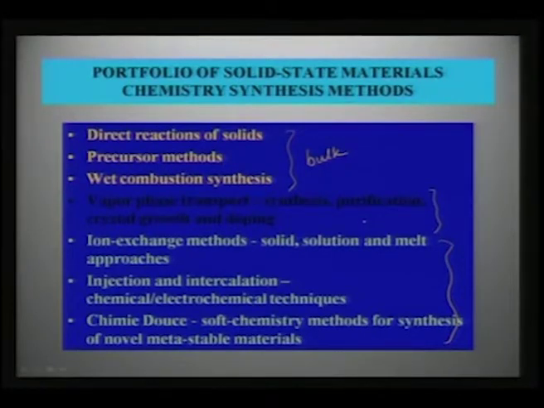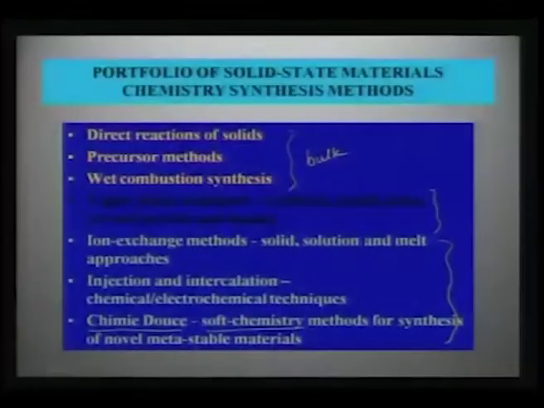Then you stumble at a variety of wet chemistry routes, which we call soft chemistry, or as French people call it, chimie douce. These are soft chemical approaches by which, without making much modification, you can bring in a variety of new properties into an existing solid, and these are called novel metastable phases, which you can realize using soft chemistry routes.